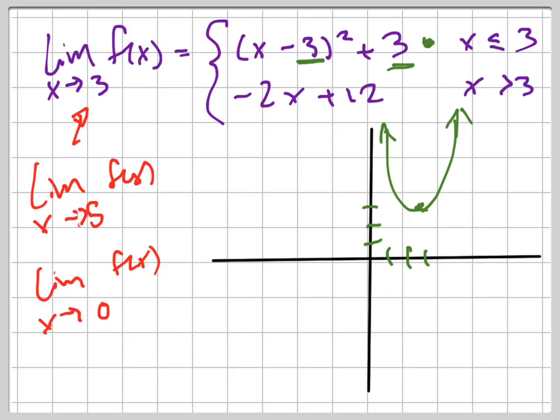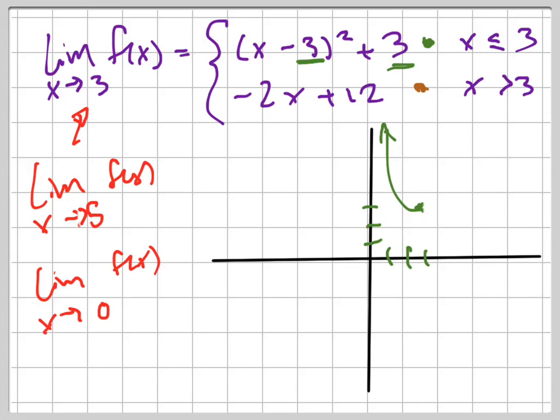This is only defined when x is less than or equal to 3, so I need to erase this part of the graph because it's not defined there. The other piece of the graph, we'll do in this rusty color here, is a line, and it's only defined when x is greater than or equal to 3.